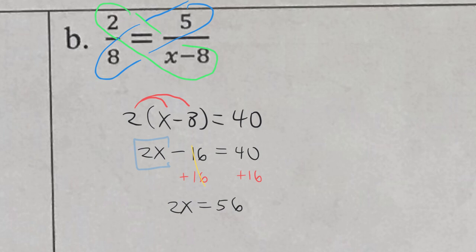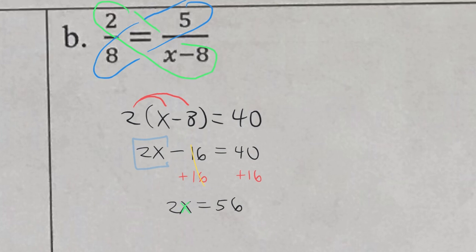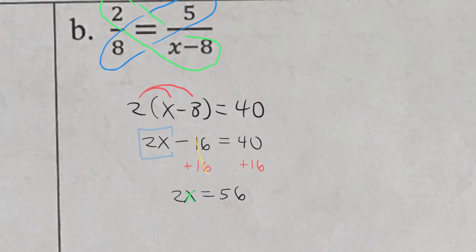Now, we're almost done, because at the end of the day, we are trying to solve for that green x. But the 2 is in the way, so we have to find a way to get rid of that 2. So we have to do the opposite of what 2 is doing to the green x. 2 is currently multiplying times that green x, which means we have to divide both sides by 2.